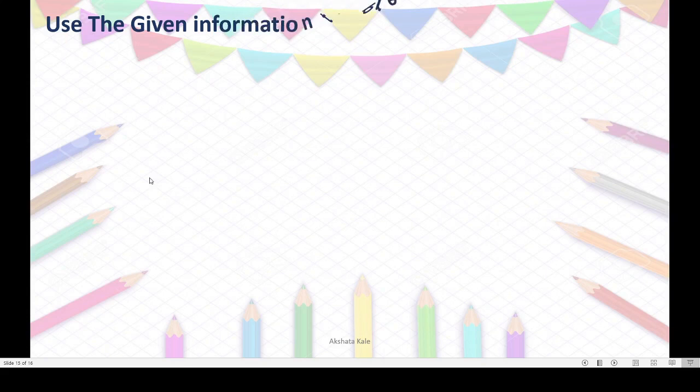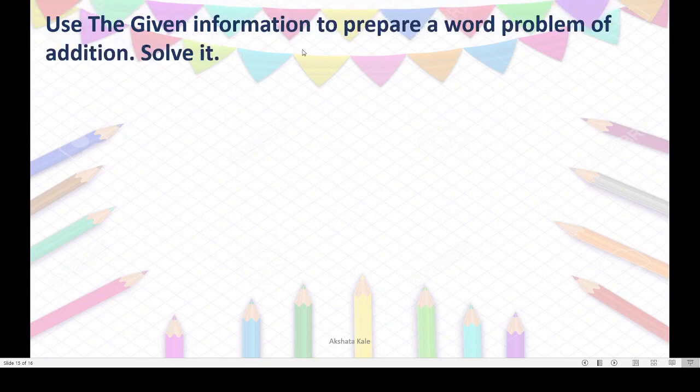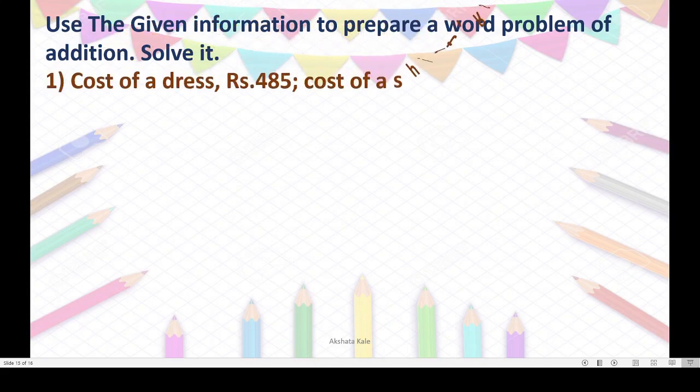Here, one more type is there. Use the given information to prepare a word problem of addition and solve it. Dear children, here they are giving some information. A small information they give us.